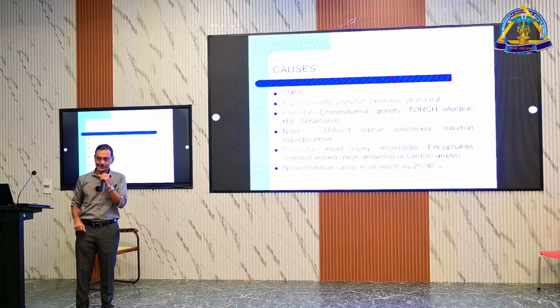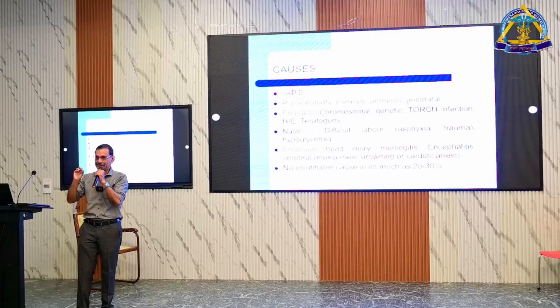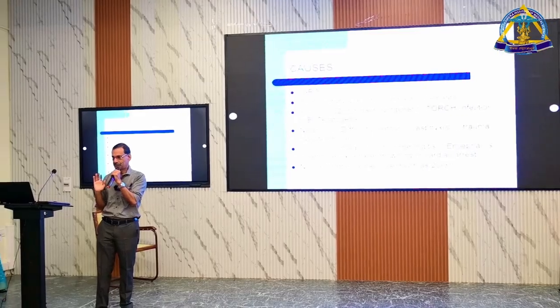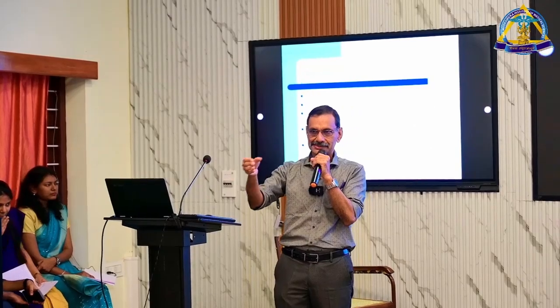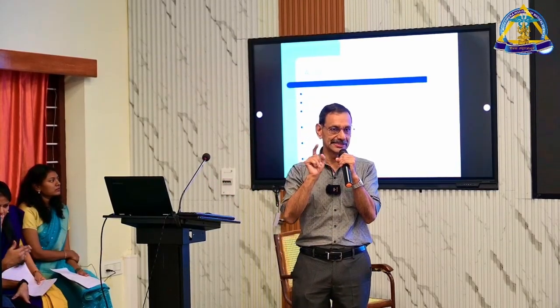I said in the definition, cerebral palsy is an insult to the developing brain. Developing brain means your brain is almost developed by the time you are born, but a little more development is there. So suppose you suffer from encephalitis at 1 year of age, 1.5 years of age, and you have a sequela, that also qualifies for cerebral palsy.